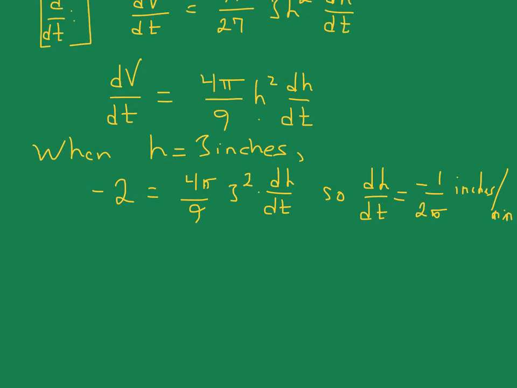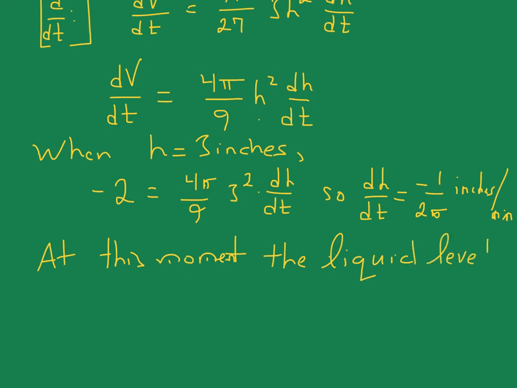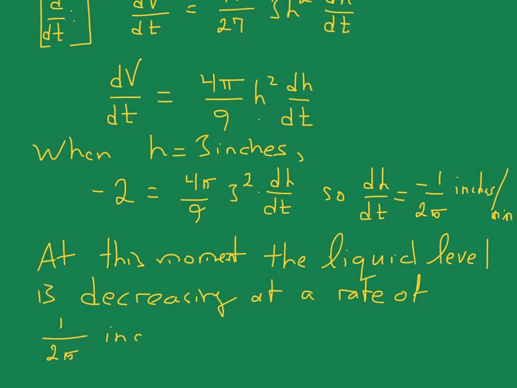So we'll just write a final sentence to finish up. At this time, namely when h is equal to 3 inches, at this moment, the depth of the water, or as they said, the liquid level, is decreasing at a rate of 1 over 2 pi inches per minute.